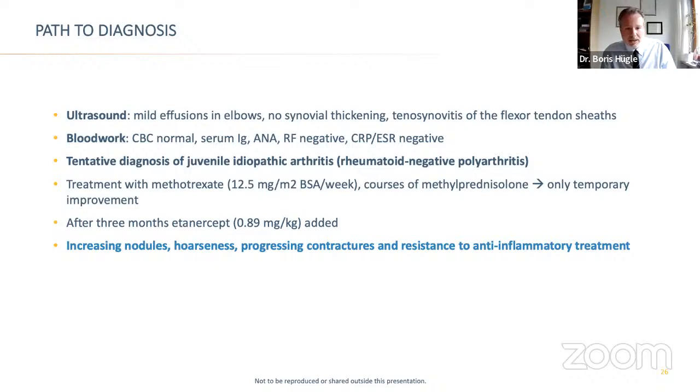It always does. It's basically doping. And after 3 months, where nothing worked, he was started on etanercept, which was fairly new at that time. And really no effect. And he had increasing nodules, he had hoarseness, he had these progressive contractures, and he was resistant to any inflammatory treatment.